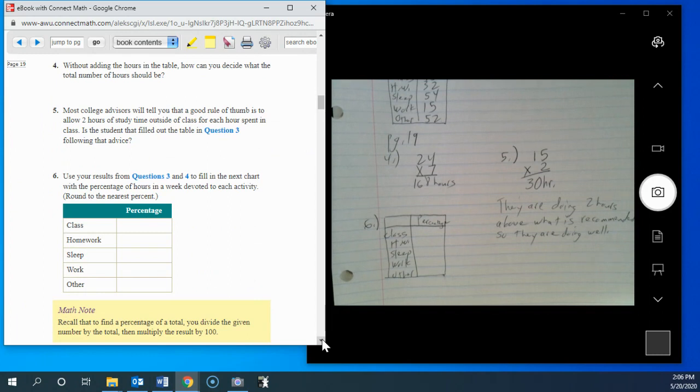But I'm asking, how do we get a percent here? Okay, well, let me ask you this. Let's just say we did not need to sleep. Let's just take that out of the equation. And let's say that you managed to stay in class every single hour out of the week. So you spent 168 hours in class. What percent would that be for the week?